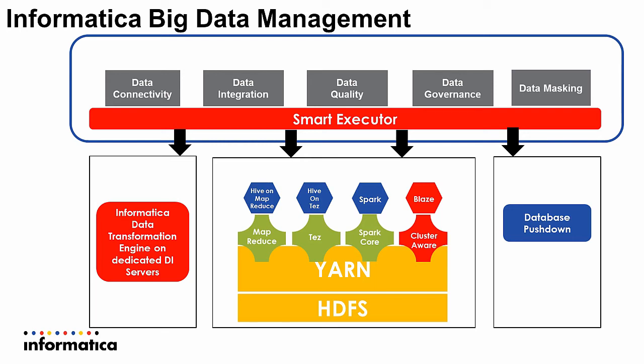At a very high level, let's say I built a mapping reading from Oracle, doing some complex transformations, and loading it to Hive or HDFS or whatever. The Smart Executor will decide. There are optimizers designed in there that decide which is the best engine.